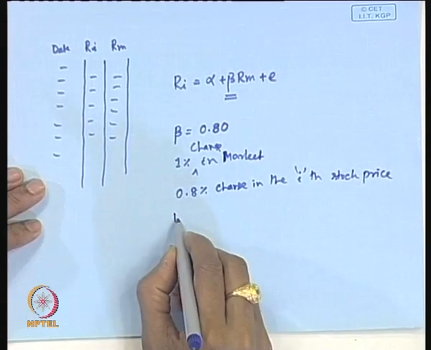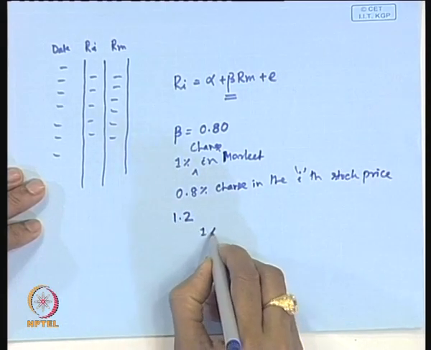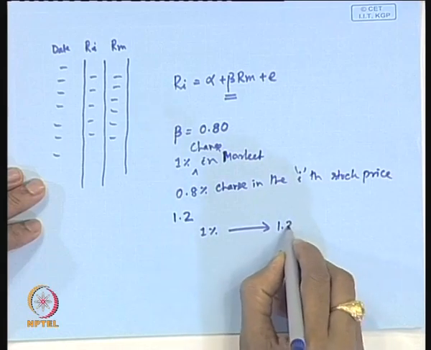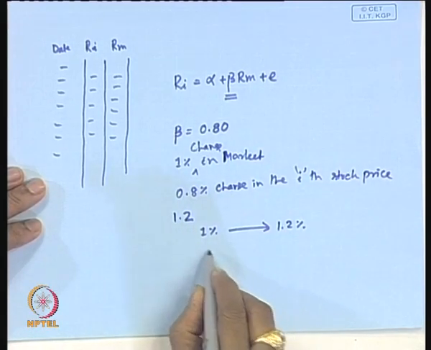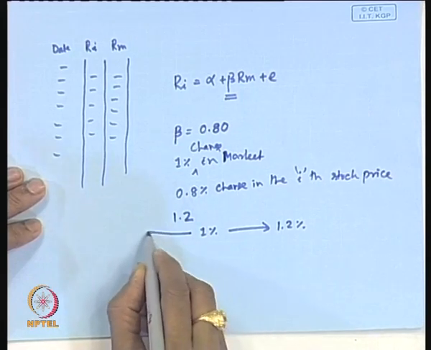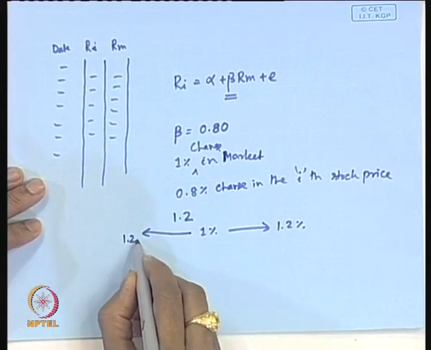Similarly, if the beta is 1.2, a 1% change in the market will lead to a 1.2% change. That means if there is a fall of 1%, the stock will come down by 1.2%.